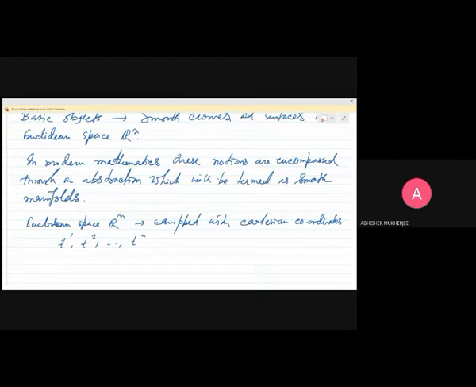Now, a natural question will arise: does calculus have any coordinate invariant concept? That is, if you change the coordinate system, the notion of calculus remains the same. So, does it happen? That means, does there exist anything in calculus which is invariant under the change of coordinates, right?